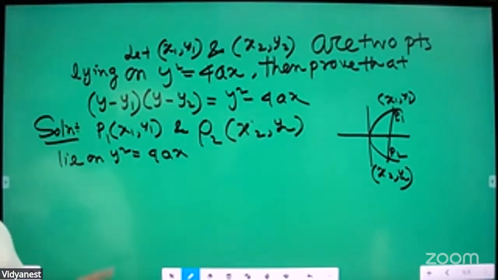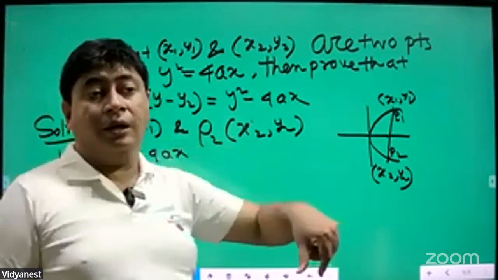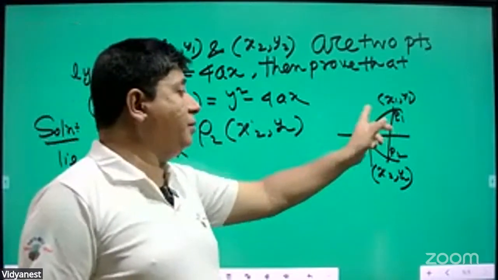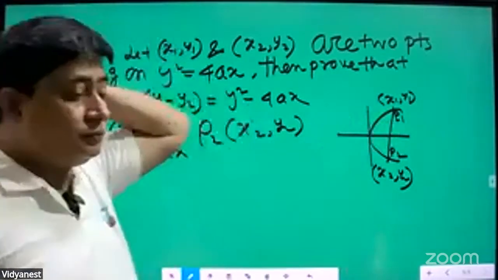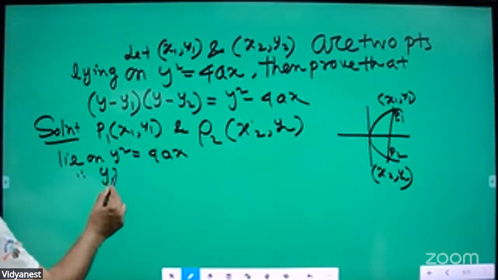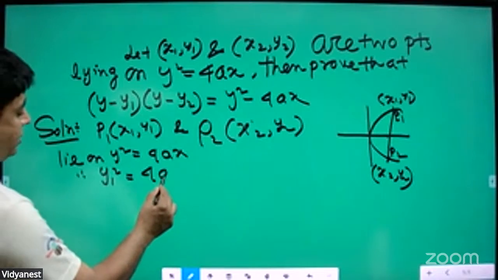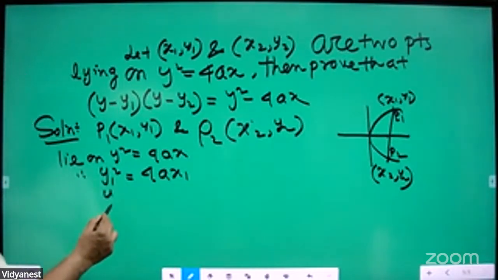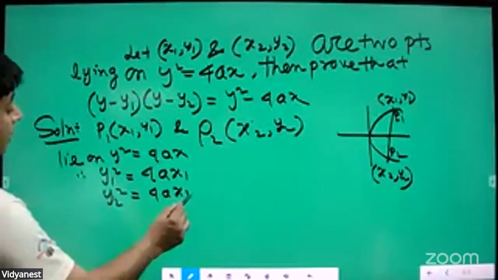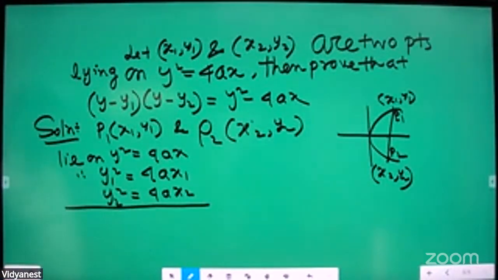So both the points' x and y components will satisfy the equation. Therefore, y1 squared is equal to 4x1 and y2 squared is equal to 4x2. So, subtract.